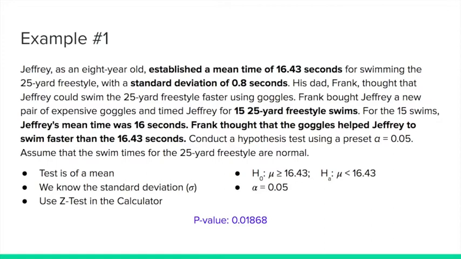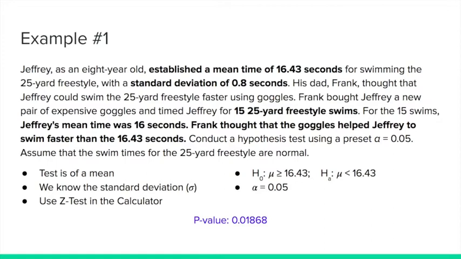Then we hit calculate, and you should see a p-value of 0.01868, and it keeps on going, but I rounded it off there. It also tells you the z-score, negative 2.08, but the thing that we're really looking for is the p-value, 0.01868. So with that p-value, comparing it to the alpha of 0.05, pretty clearly we would reject the null hypothesis.